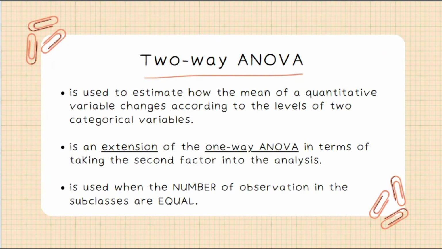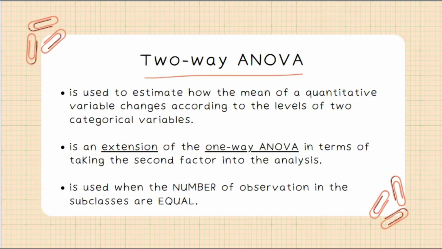So dapat equal sila tanan, for example 5 ang data sa first group, dapat 5 pud ang data sa second group, para magamit ang Two-Way ANOVA, kay dapat equal ang number sa observations in each group.